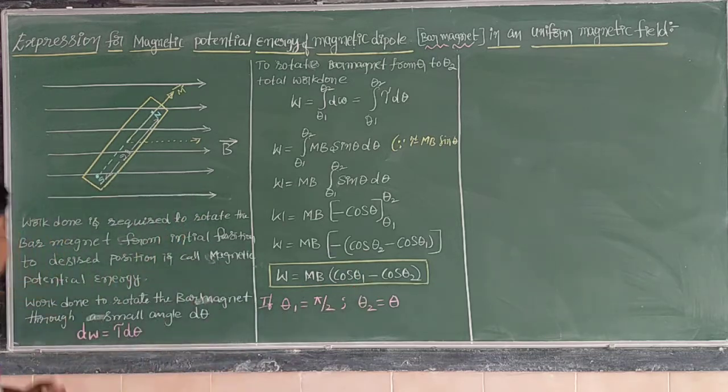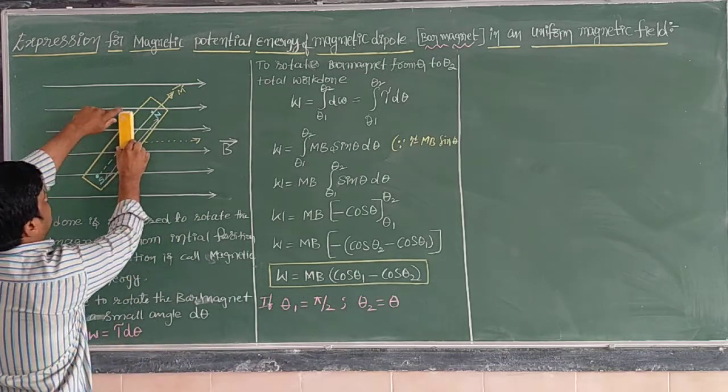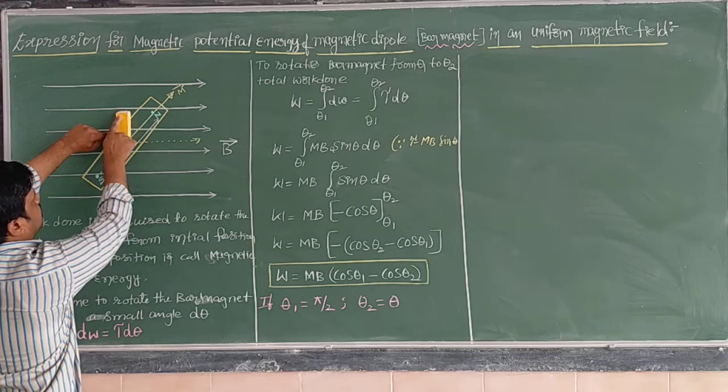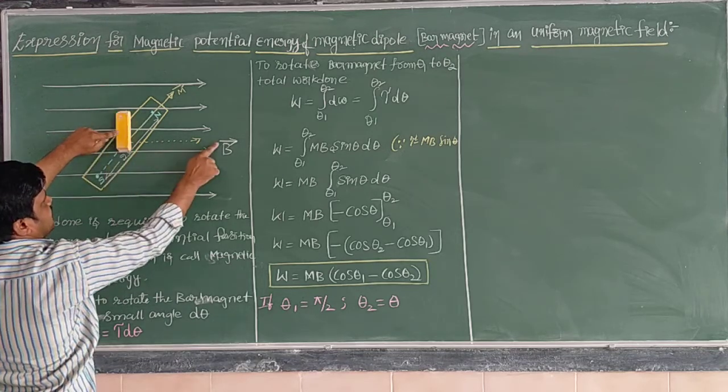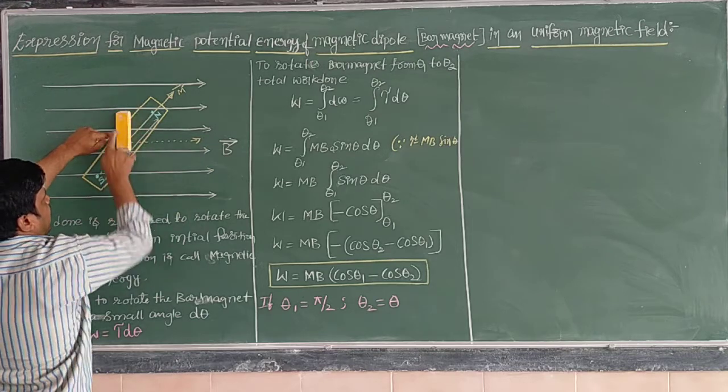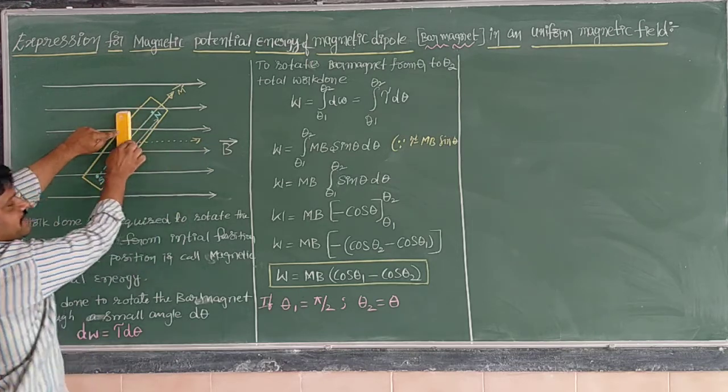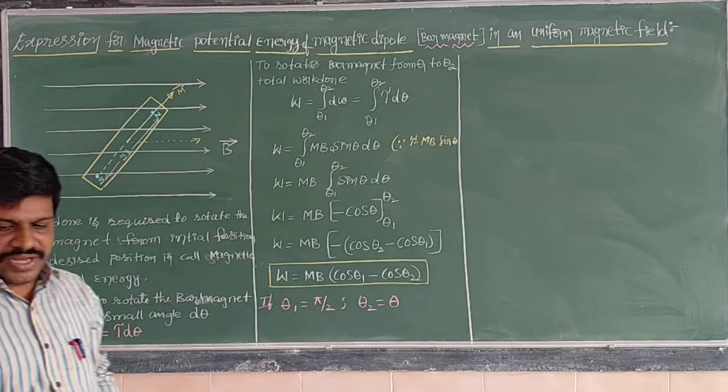At the initial position, you see this is the north pole and south pole. The magnetic dipole moment is like this, the magnetic field is like this. The angle between the magnetic dipole moment and the magnetic field is 90 degrees. So we have to take it like this.